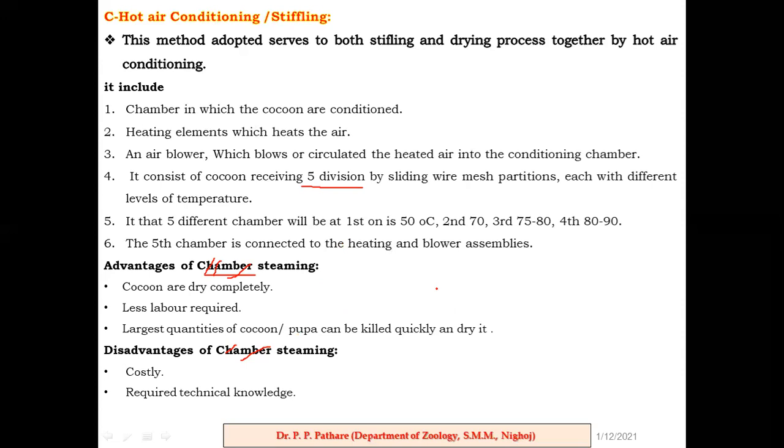The farmers require technical knowledge of how to start the machine and which chamber requires which temperature. This technical knowledge is required for the farmer who is interested in performing hot air conditioning. I hope you understand what hot air conditioning is.